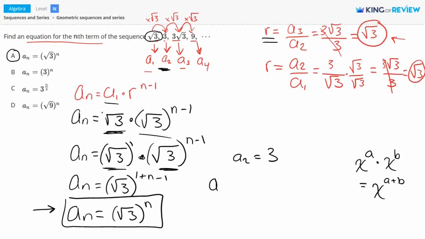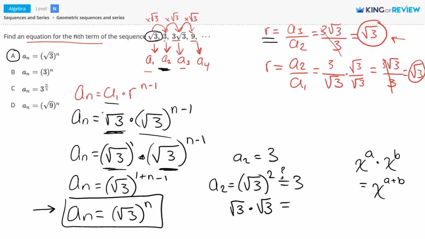So we have A2 equals the square root of 3 to the second power, and we want to know if this will equal 3 or not. The square root of 3 squared is the same thing as the square root of 3 times the square root of 3, and this equals 3. So yes, this equation is correct.